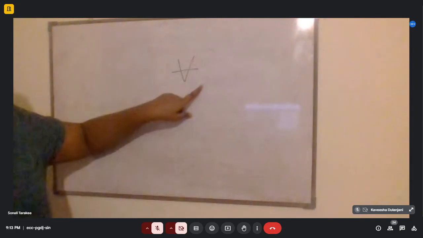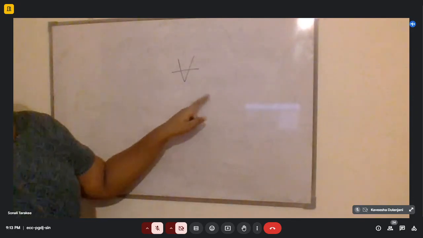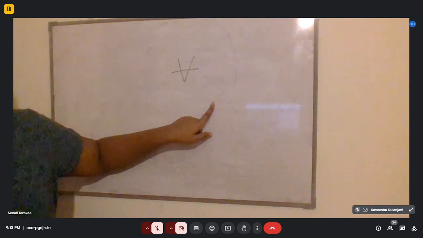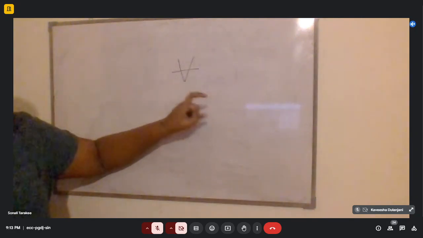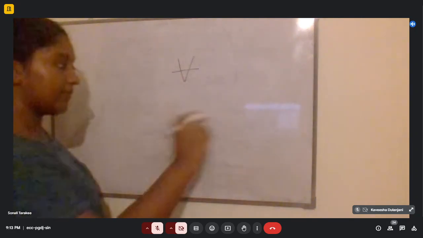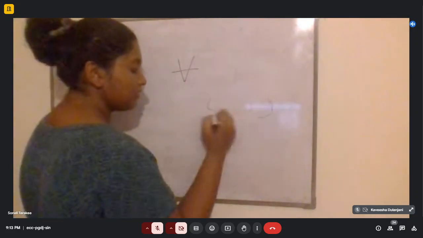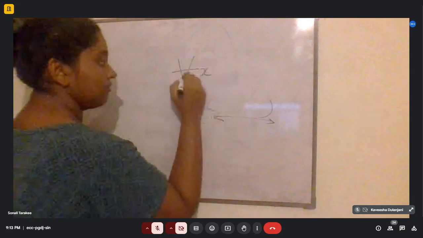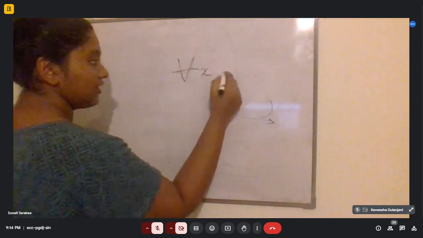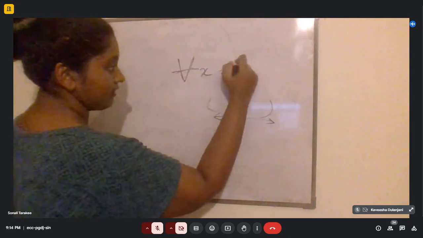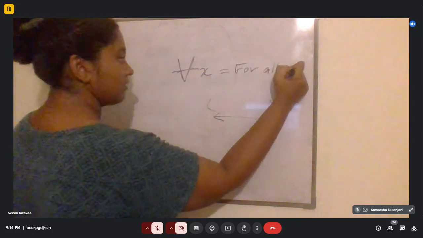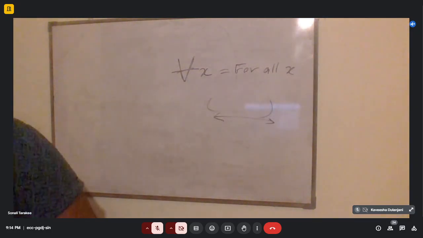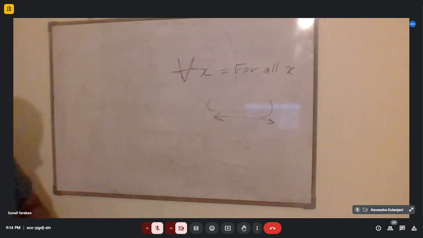The explanation is a logical statement which says that a certain condition is met for all the values. So when you write this quantifier and x, that means for all x, a certain condition is met. That's what the universally quantified statement means.